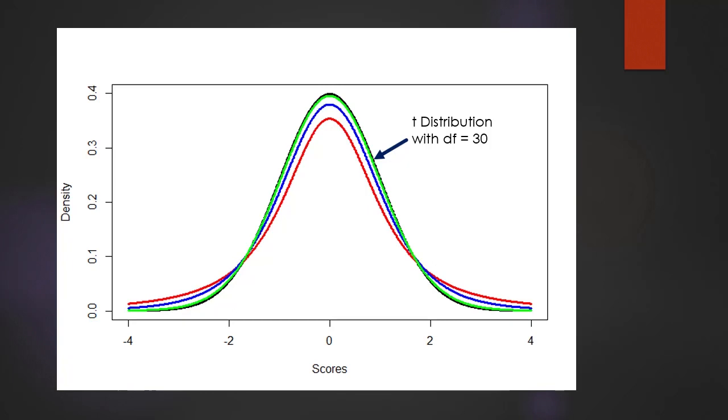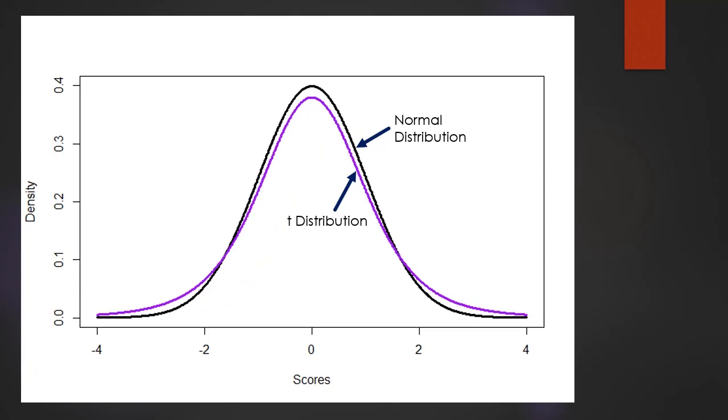What are the implications for this? Well, let's go back to just comparing a single t-distribution with a normal distribution. If I calculate critical values for the normal distribution, wanting a 95% confidence interval, those critical values will both be near 2, plus and minus 2. That encompasses 95% of the normal distribution.